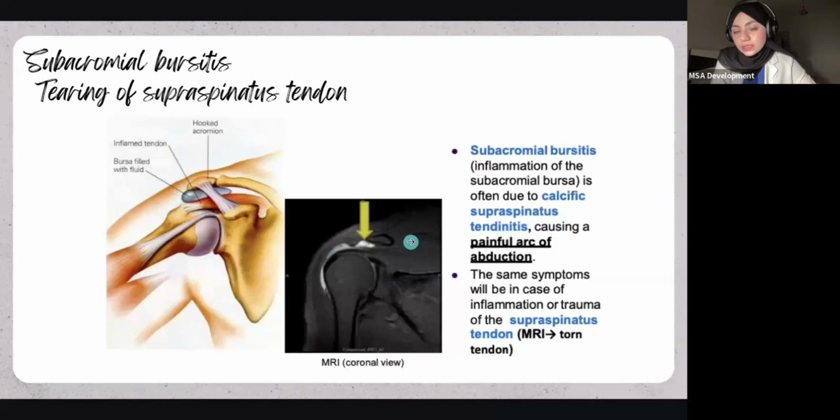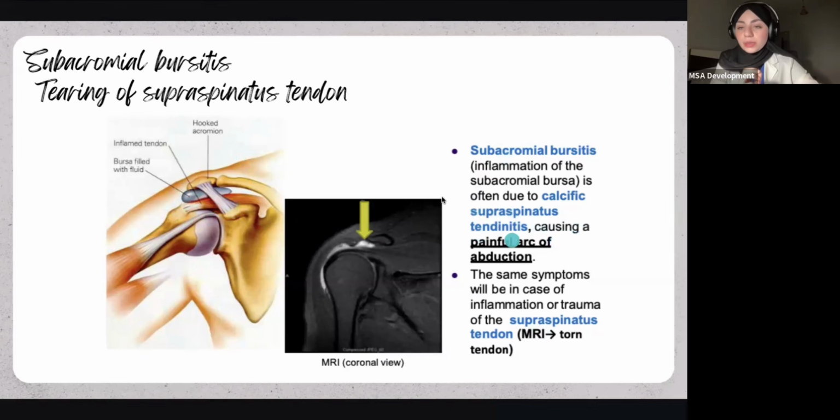Another thing that could cause this inflammation is bursitis. Now, the bursa is just this sac right here under the acromion, and from its name, subacromial bursitis. The bursa can get inflamed, and this could translate onto inflammation of the muscle. So, two conditions that I could have: either the rupture of this muscle, or bursitis.